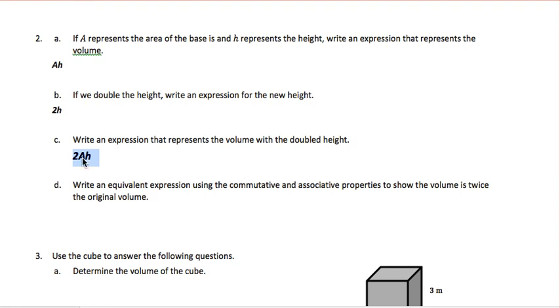We normally put the number in front of the variables. And then we could write something like 2 times AH in parentheses, just showing that it is doubling the volume.